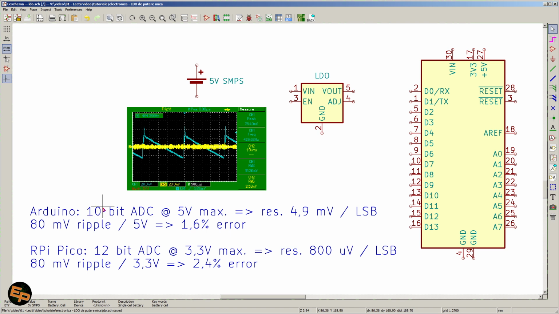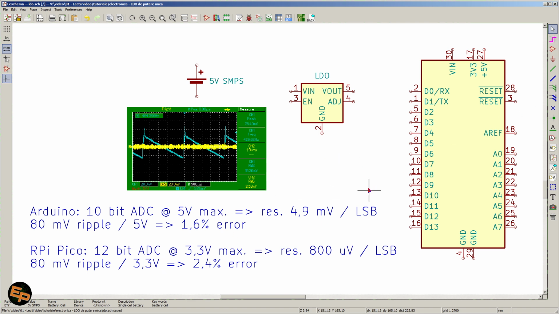So an Arduino has a 10-bit ADC and the Arduino board is powered directly from 5 volts. So an 80 millivolt ripple relative to 5 volts means 1.6% error. A Raspberry Pi Pico has a 12-bit ADC and is powered from a 3.3 volt voltage.